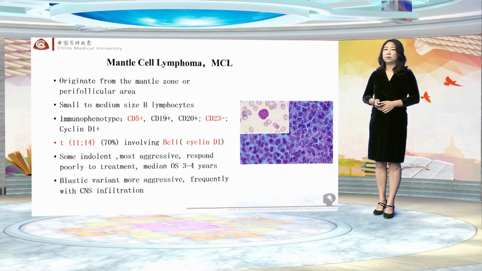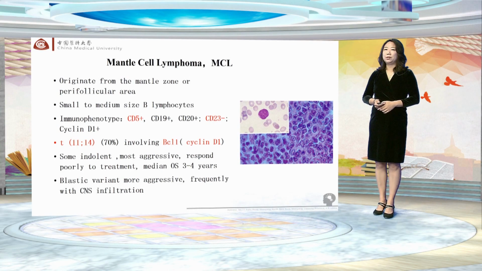mRNA by RT-PCR, even in translocation 11;14 negative cases. Many patients present with a disseminated illness with a leukemic spread at diagnosis, resulting in possible confusion with CLL. Although considered a relatively indolent lymphoma, mantle cell lymphoma responds poorly to treatment and has a median survival of only 3 to 4 years, much less than most CLL patients.